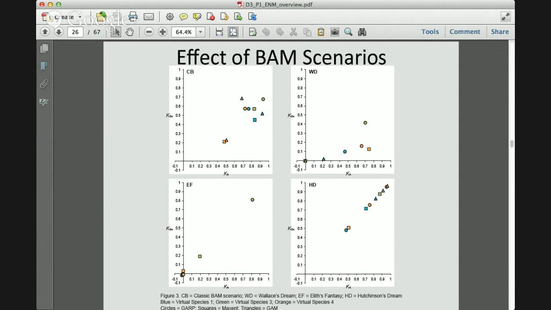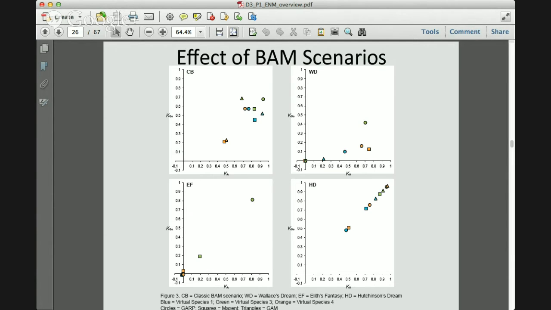Then we did that for a bunch of species, and for each one of those species, we created these four BAM scenarios. And what I want you to see is that for the upper left and lower right BAM scenarios, we were able to calibrate pretty good models.